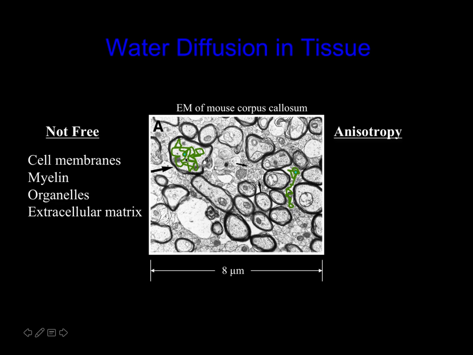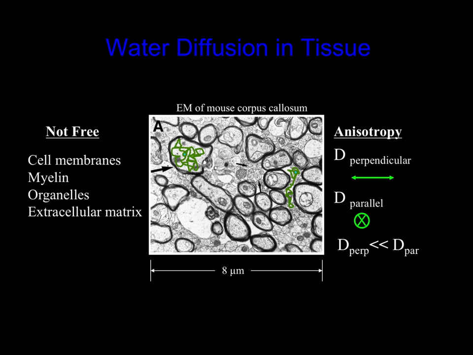So in that way, the water diffusion is not isotropic. In other words, it's anisotropic, which means that the diffusion perpendicular is much, much less than the diffusion parallel. So it has a preference in the direction.